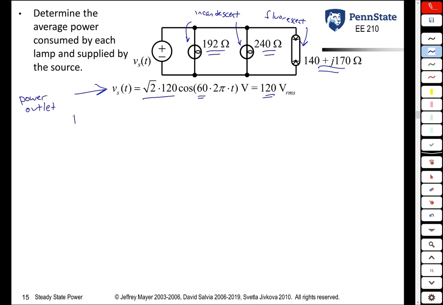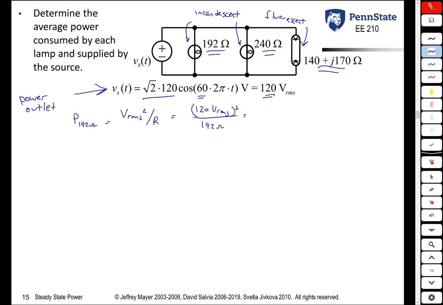So the power absorbed by the 192 ohm resistor is fairly simple. Because it is a purely real load, we can use the simplified equation VRMS squared over its resistance. The RMS voltage is 120 volts divided by 192 ohms.